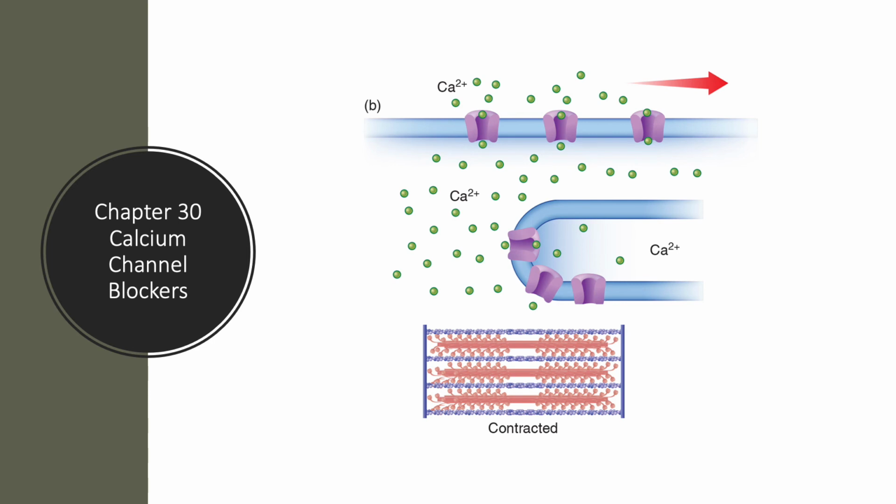So if you are someone who has, say, hypertension, high blood pressure, and angina, calcium channel blockers can be very useful in both conditions. They can reduce your blood pressure and they reduce the workload of your heart, thereby improving your anginal symptoms.